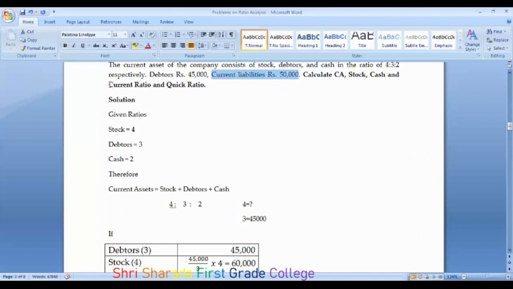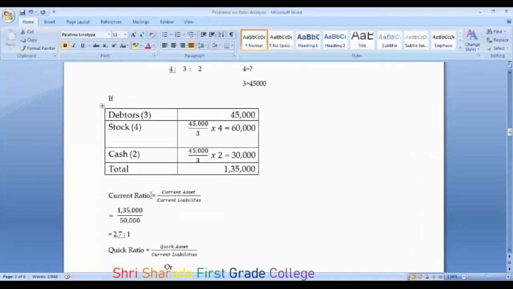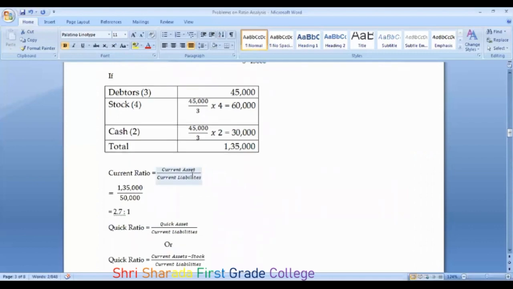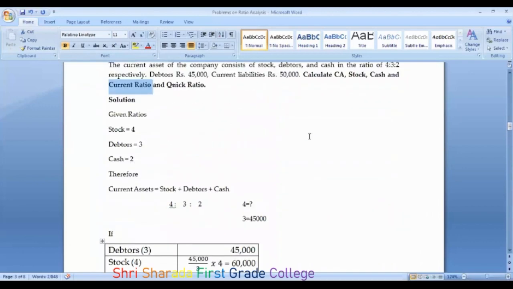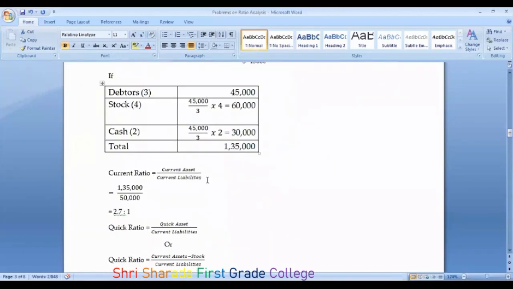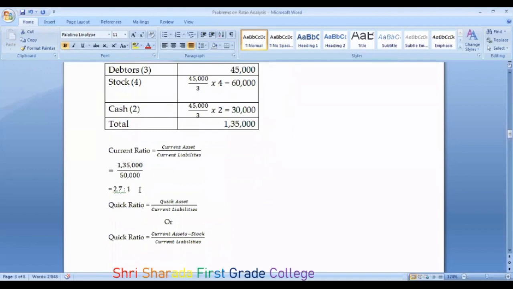So you can easily find out the current ratio, right? Current ratio is equal to current assets divided by current liabilities. Current assets is 1,35,000 and current liability is 50,000. So 1,35,000 divided by 50,000 gives you 2.7:1.